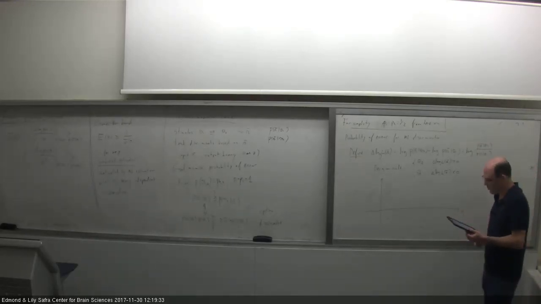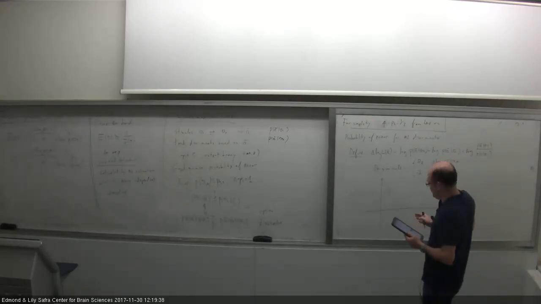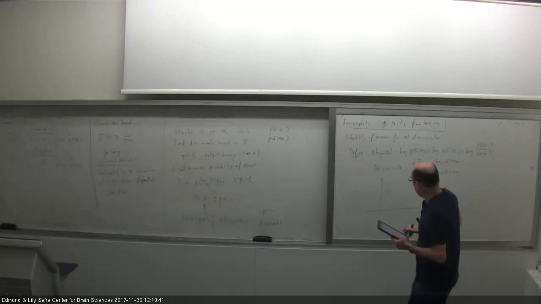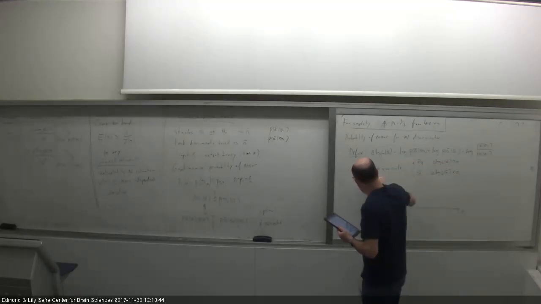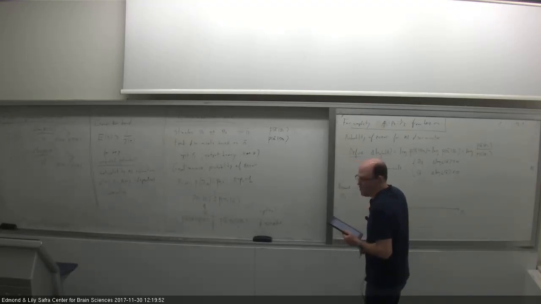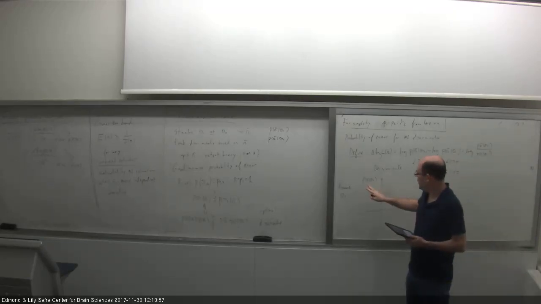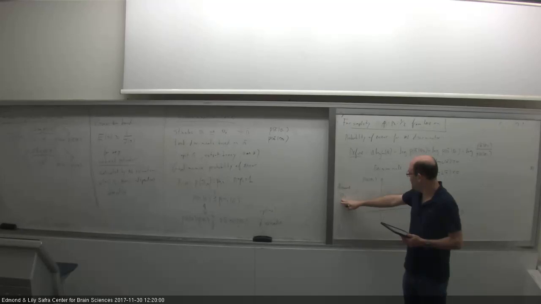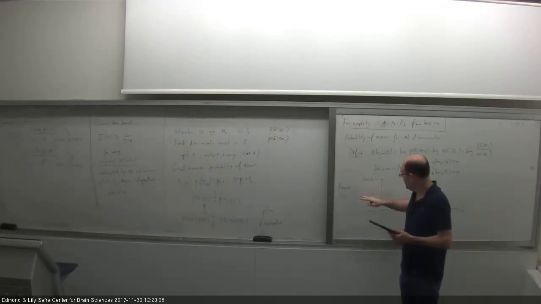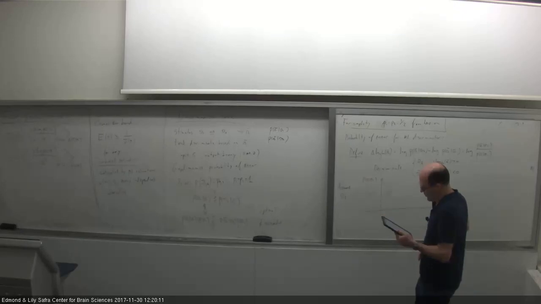But in the case where it's one-dimensional, I can plot, first of all, the probability of R given theta 1. So let's assume that the stimulus happens to be theta 1. What I want to plot now is the probability to get any given response given theta 1.